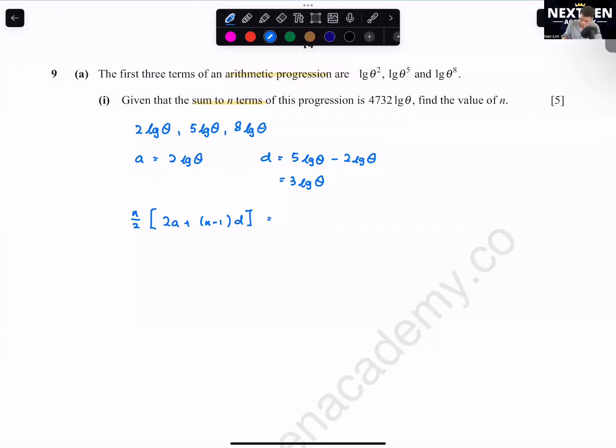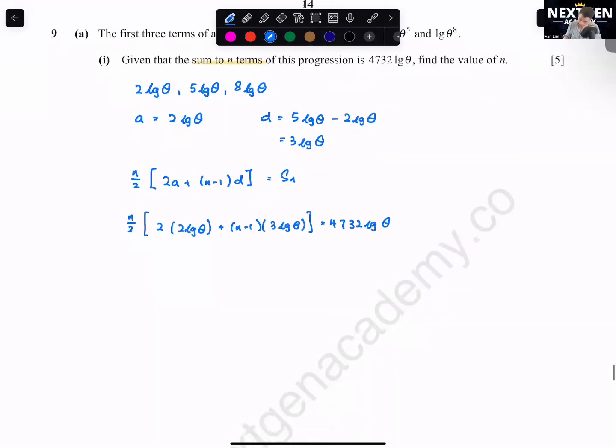This is your sum of n terms. Substituting: n over 2, 2 log theta plus n minus 1, d is 3 log theta, equals 4732 log theta.